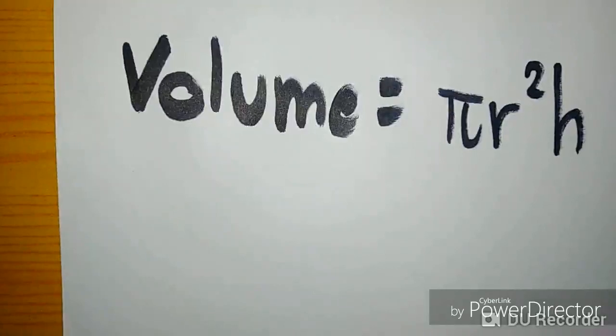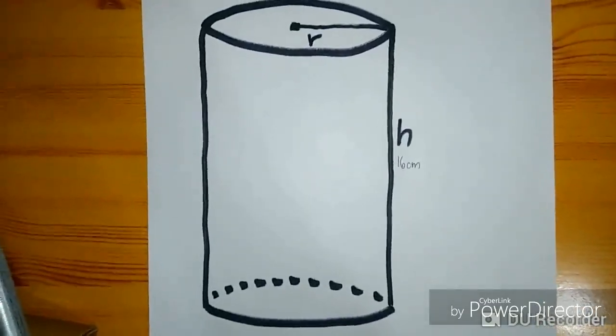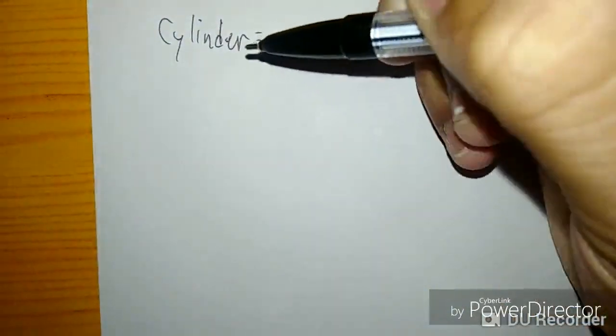Next, we'll try to get the volume of the cylinder with the formula pi r squared h. In this example, the height given is 16 centimeters. So let's first substitute its values.